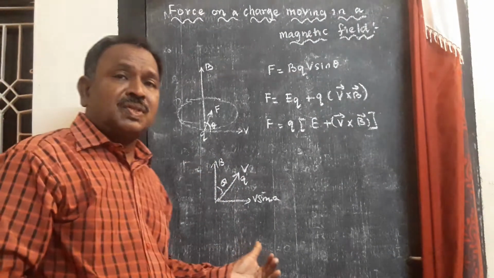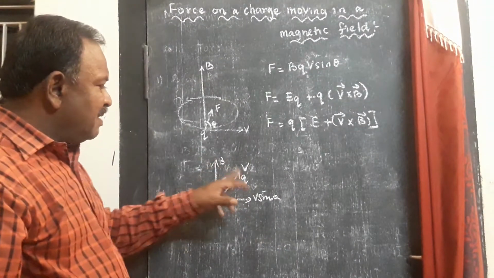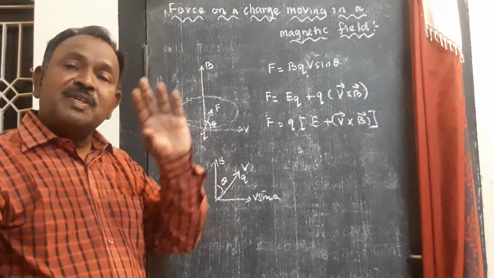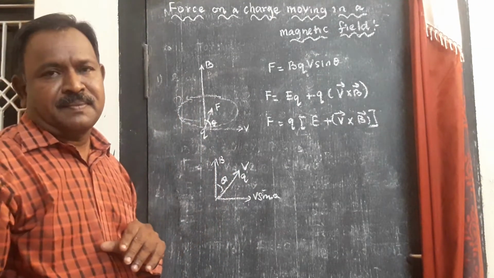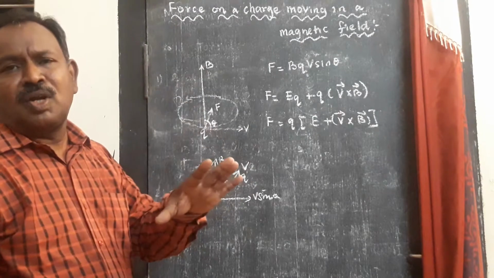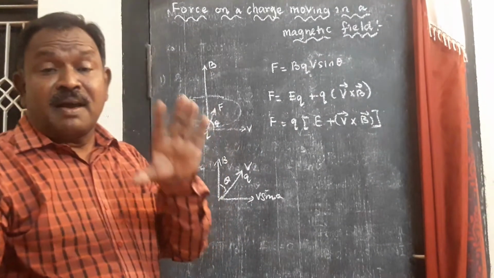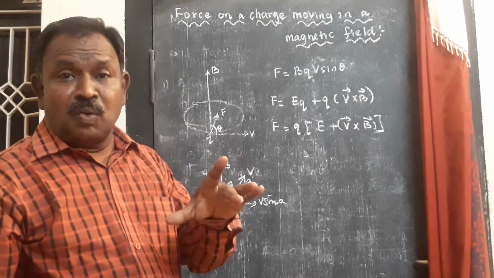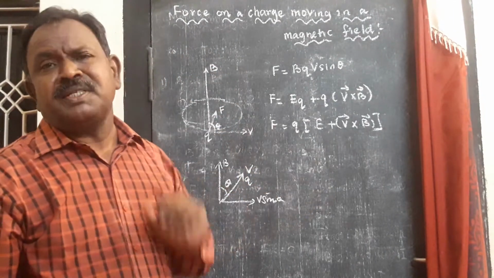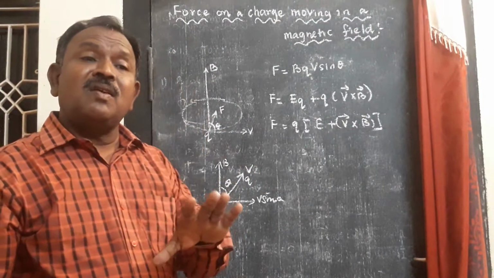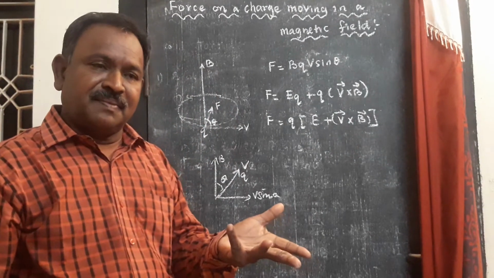Now the force experienced by the charge will be resolved into two components, horizontal component and vertical component. The horizontal component of force remains constant while the vertical component changes.